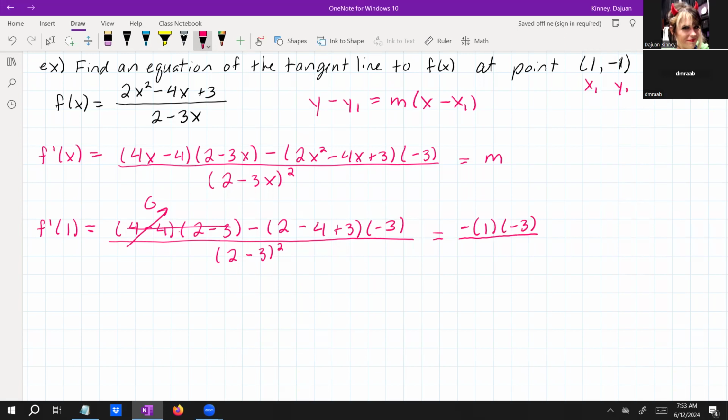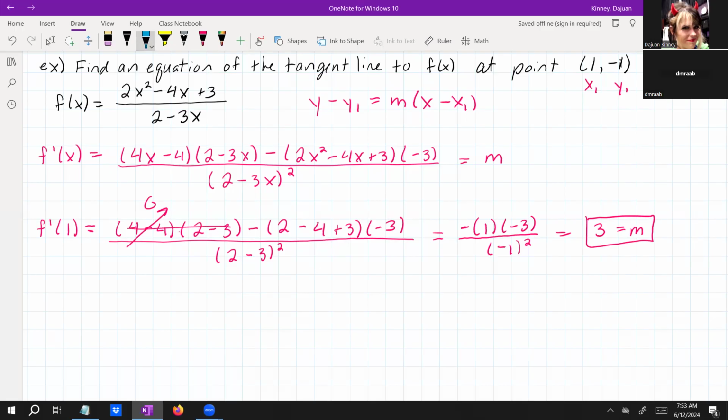All right, 2 minus 3 is -1, squared. -1 times -3 is +3. -1 squared is 1. So we just get 3. Awesome.